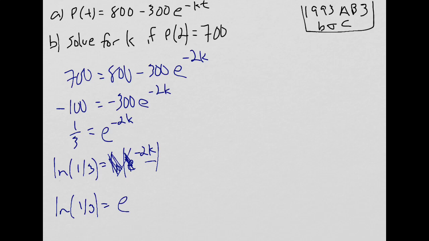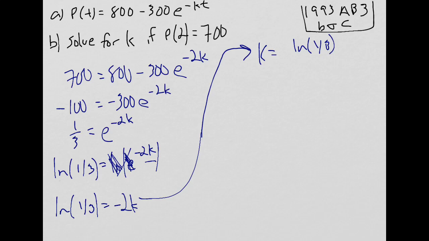So it gives me minus 2k, which will come over here, and I get k equals ln of 1/3 divided by negative 2.